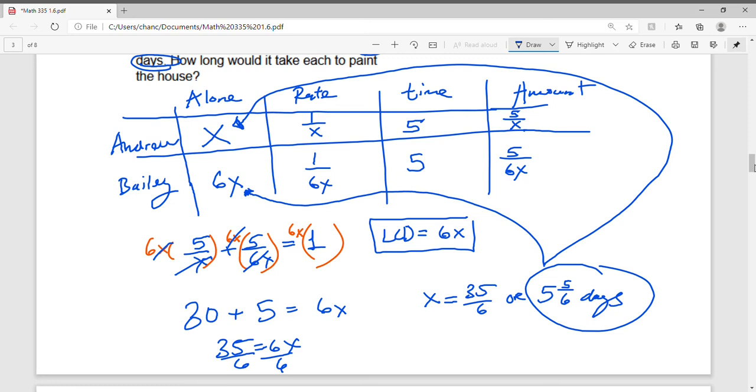So what's 6 times 35 over 6? It would take Bailey 35 days to complete the house alone. So 5 and 5 over 6 days for Andrew, and 35 days for Bailey. That's incredible.